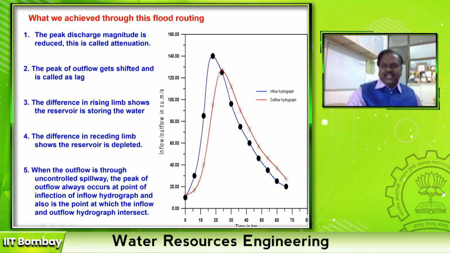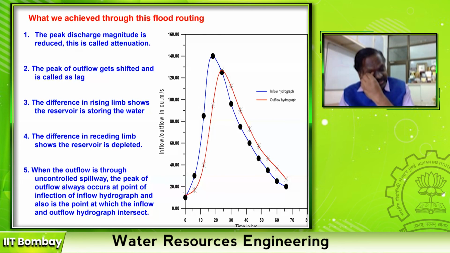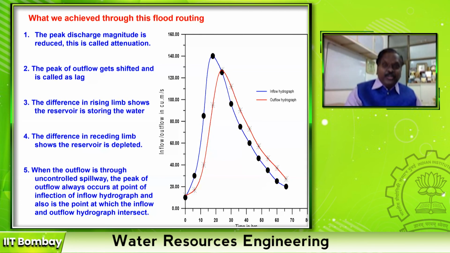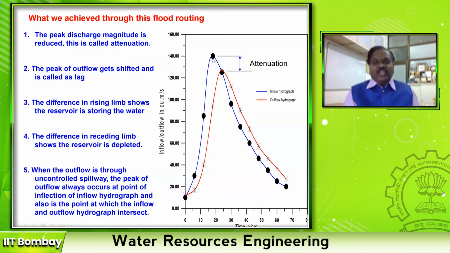So the blue line is the inflow and the red line is the outflow hydrograph. What great thing we did here by flood routing: the peak discharge got reduced, and this reduced peak discharge is called attenuation.